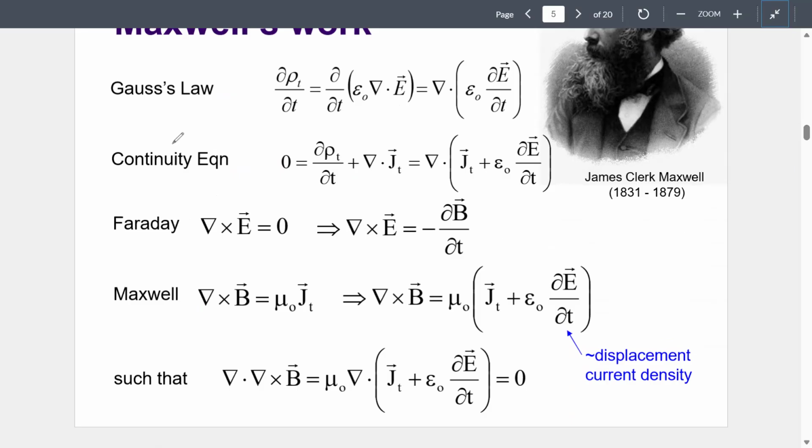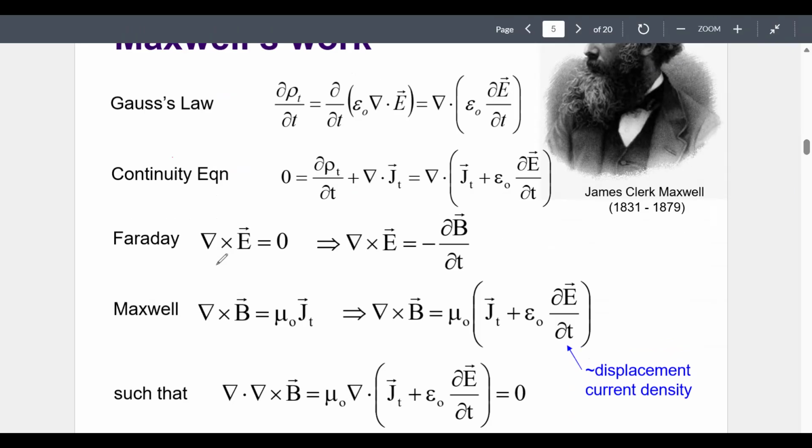What I want to teach you is this. I'm not proving anything. I'm just saying when Maxwell looked at Faraday's law, we first have curl of E is 0. Again, this comes from the Kirchhoff rule: if the voltage going around a closed loop is equal to 0, that means curl of E is 0. But then Faraday said, no, if the field changes over time, this is not 0.